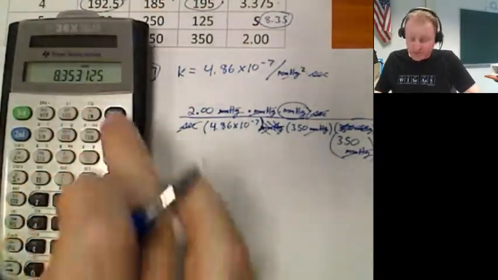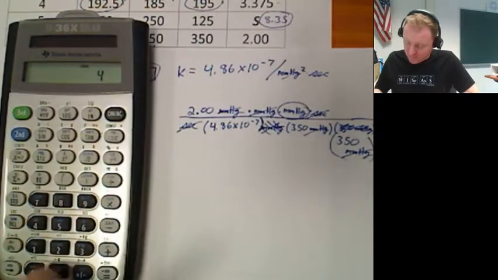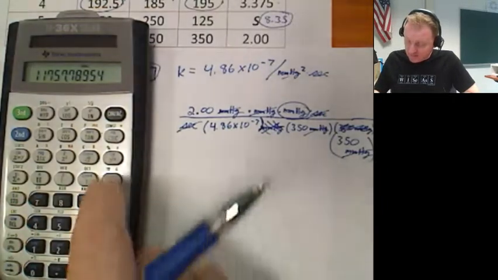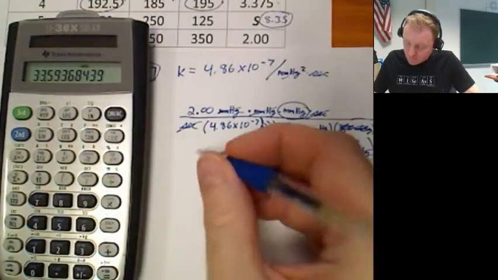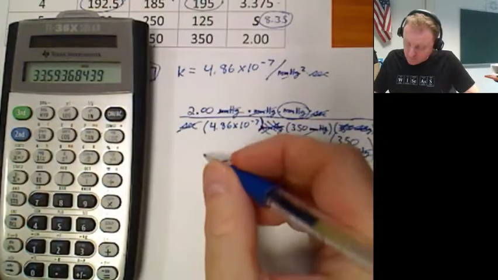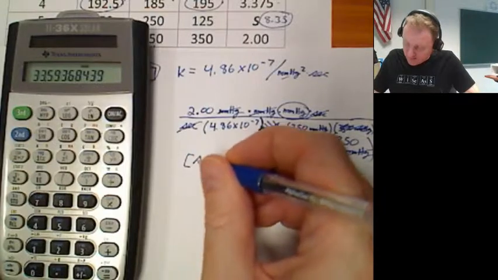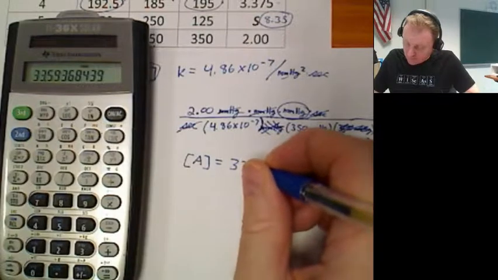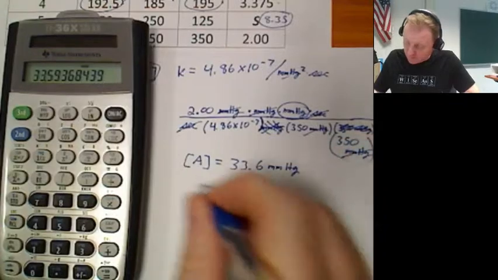We got to solve this thing. So let's do it. 2 divided by 4.86 times 10 to the negative 7th divided by 350 divided by 350, and I have the concentration of A is equal to 33.6 millimeters of mercury.